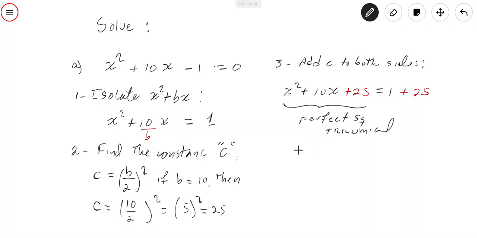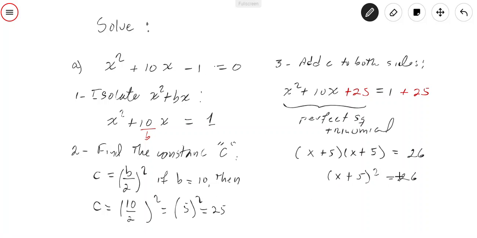So when I factor this, the factors of x squared plus 10x plus 25 are x plus 5 times x plus 5. And 1 plus 25 on the right side is 26. X plus 5 times x plus 5 is x plus 5 squared equals 26.